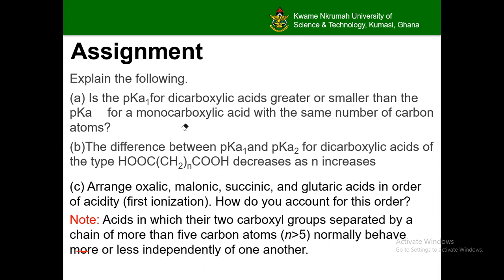We have talked about this already, that pKa1 for dicarboxylic acids are smaller because they are more acidic than monocarboxylic acid, right? And we talked about the fact that one carboxyl group enhances the acidity of the other carboxyl group. Right? Now, the difference between pKa1 and pKa2 for dicarboxylic acids of this type decreases as chain length increases.